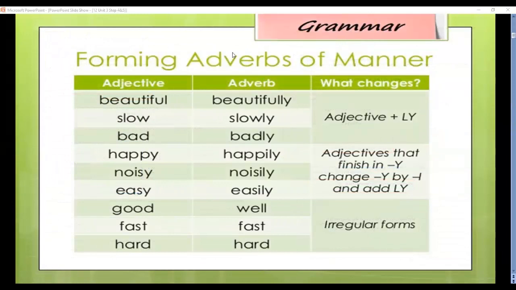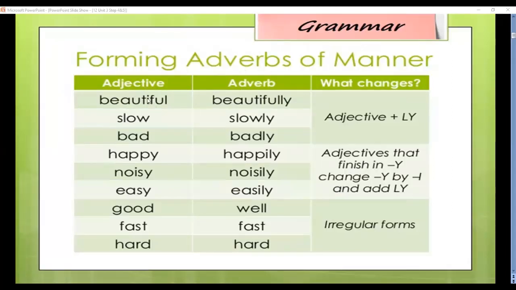As you can see here, grammar, the first part is forming adverbs of manner. Have a look at these examples, please. Beautiful, beautifully. This is an adjective. This is an adverb. First of all, you have to put in your mind that beautiful is an adjective, but beautifully is an adverb.